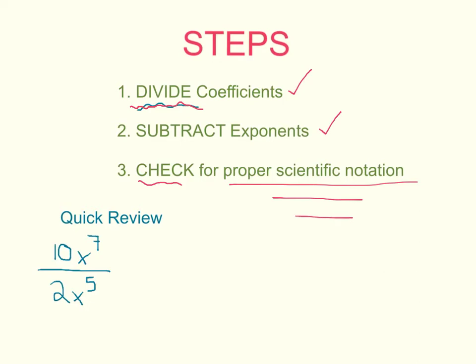So here I just have a quick review because we're applying this property to scientific notation. Here, your coefficients, you just treat that like a fraction or a division. 10 divided by 2 is 5. But then here, if you have 7 x's on top and 5 on the bottom, you'd subtract, so it'd be x to the power of 2.